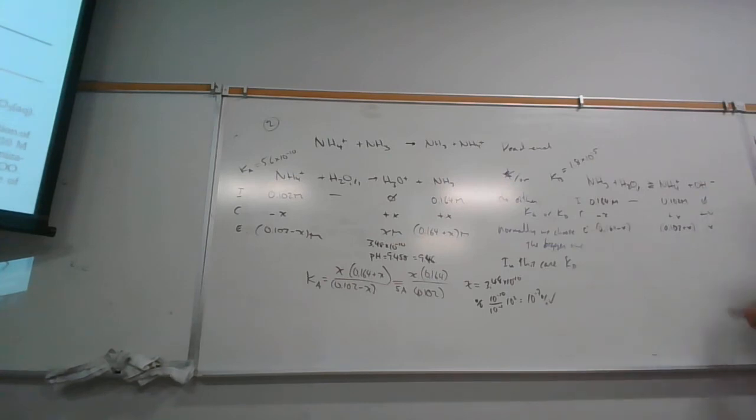This is going to be 0.102 plus x times x divided by 0.164 minus x. We'll use a simplifying assumption again here. So we'll get 0.102 over 0.164 x. Then solve for x.